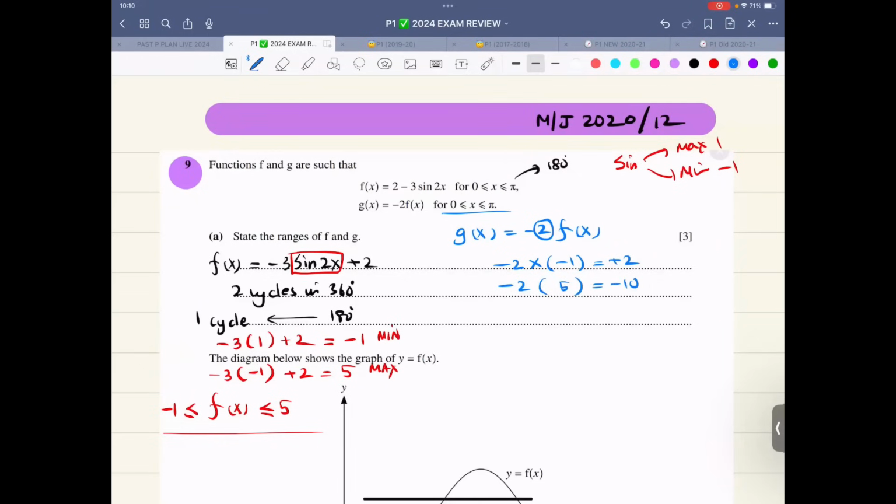So now it's reversed, because of that negative sign. We have -1 becoming +2, and then +5 becoming -10. So therefore, the range of g(x) lies between +2 and -10.